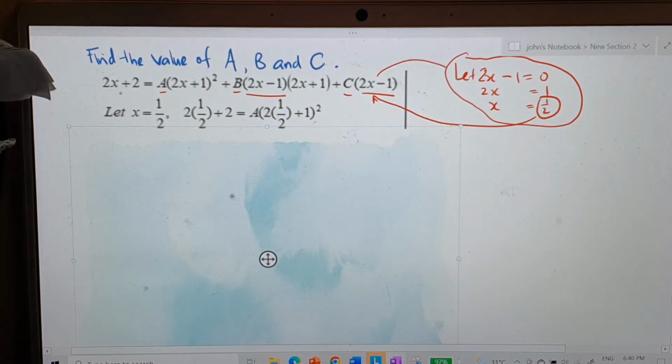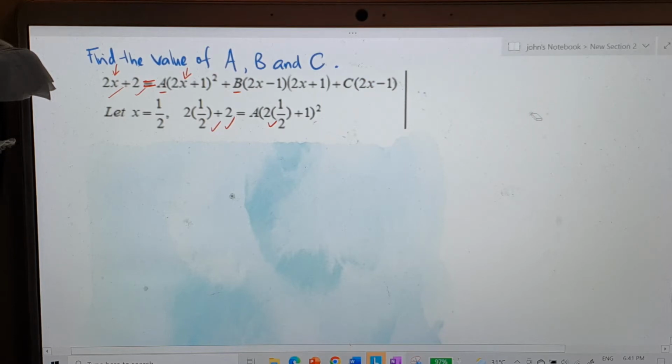Meaning you sub half here on the left side of the equation and half here. So that's what I get here. This 2 remains here and all the rest will disappear because half you put inside here, this will become 0. Half you put inside here, this will become 0. So that's how we do this particular question.